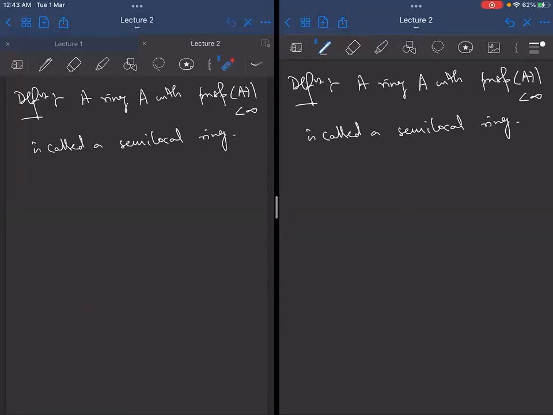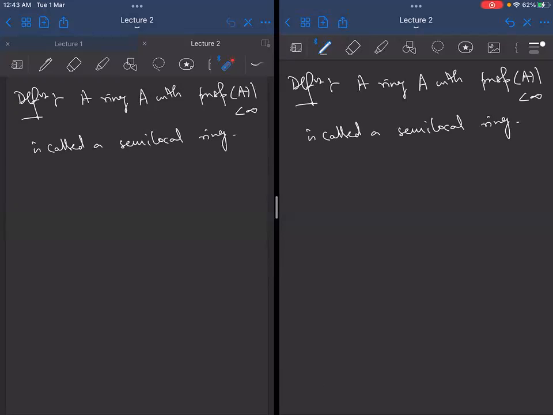Having said that, today we are going to study some more properties of some nice ideals, like the one I mentioned earlier called nilradical, the Jacobson radical, this kind of thing.